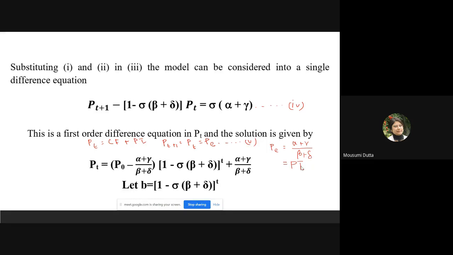Now to derive the CF part, what will we do? Take the homogeneous equation and the trial solution. Very good, so please write down.